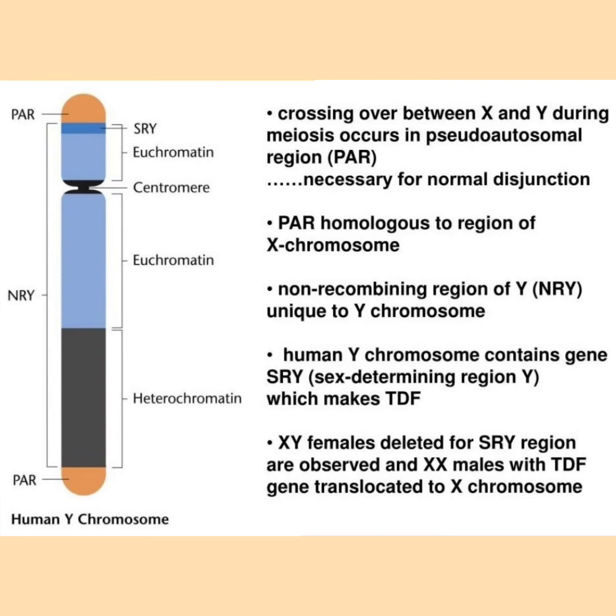The human Y chromosome contains the gene SRY, which determines maleness and which makes TDF, testis determining factor. XY females deleted for the SRY region are observed, and XX males with the TDF gene translocated to the Y chromosome are also observed.